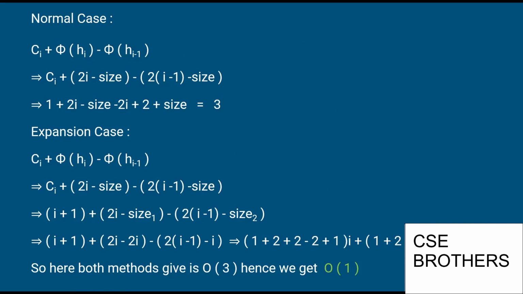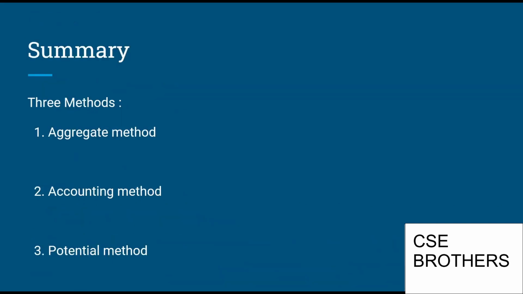So now let's summarize the discussion. We started with the definition of amortized analysis and understood when it can be used. Then, with the help of the example of dynamic array, we got to know about the three methods of amortized analysis. First is the aggregate method, which is the simplest approach. Here, all we had to do is to calculate the average to get our time complexity.